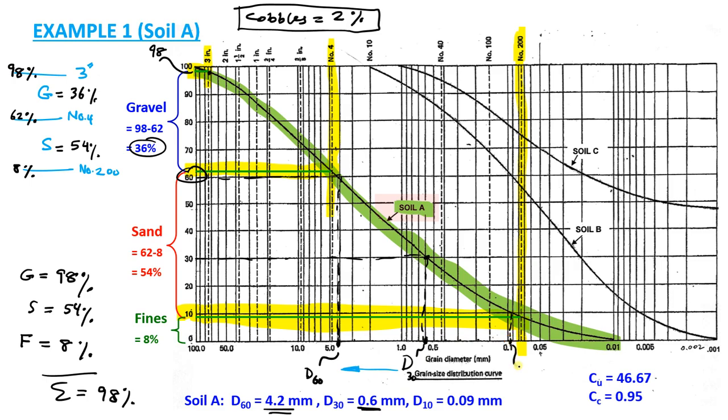This is D10, which is 0.09. If you remember, CU is D60 by D10. If you divide these, CU comes to 46.7, and you can also calculate CC.